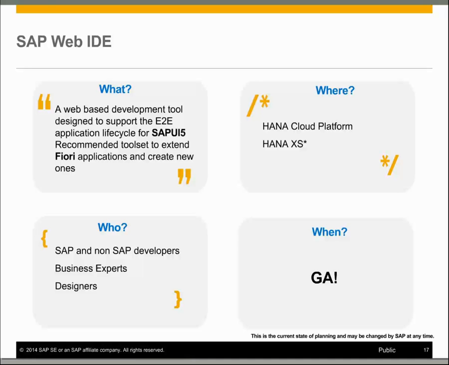Some of the key capabilities of SAP Web IDE are drag and drop tools, wizards, and templates for creating and extending Fiori apps and SAP UI5 apps. So this tool is not just limited to SAP Fiori or SAP UI5 apps. Using this tool, you can develop HANA apps, you can develop mobile apps, you can develop any UI5 apps.